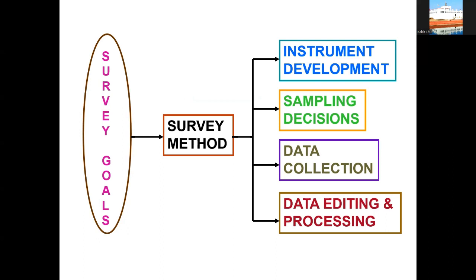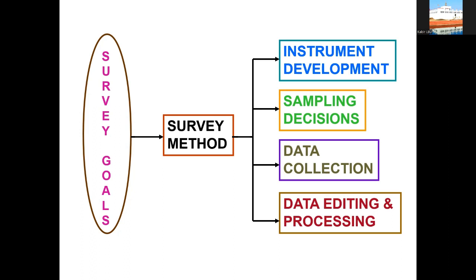These are the methods: instrument development, sampling decisions, data collection, and data editing and processing. So there are 4 stages through which we can make a method of sampling or the survey method.